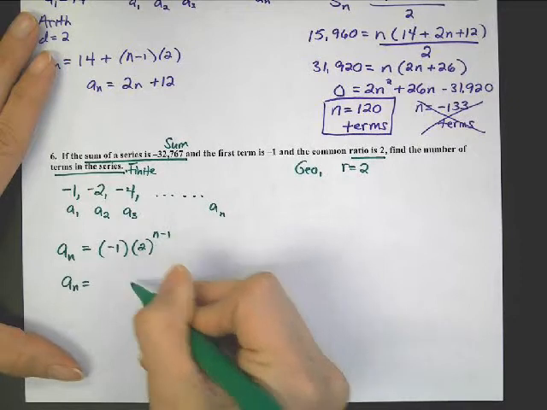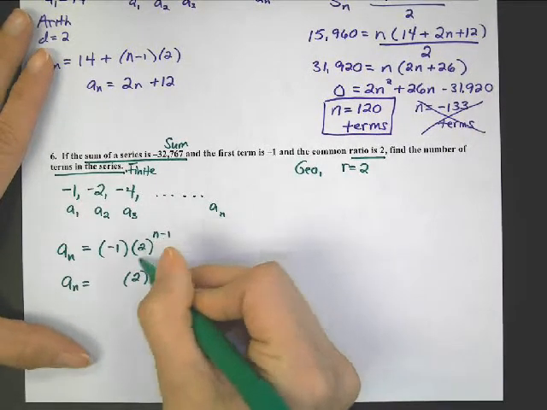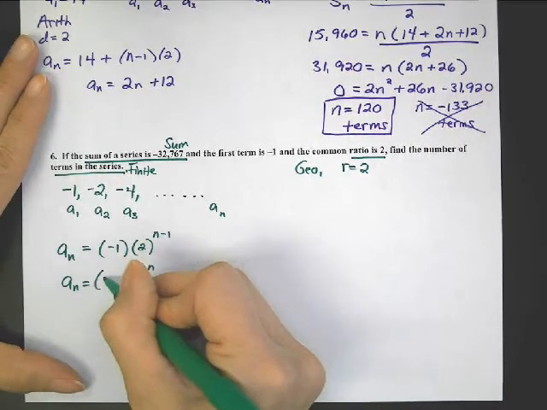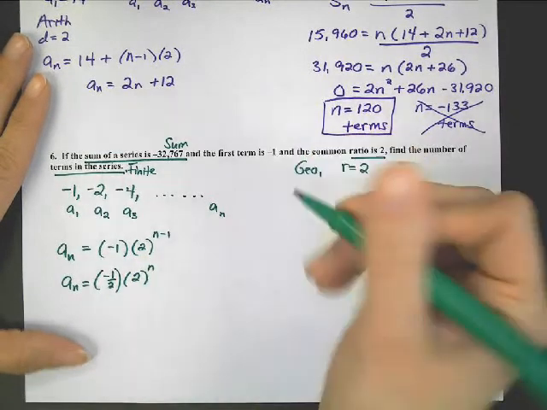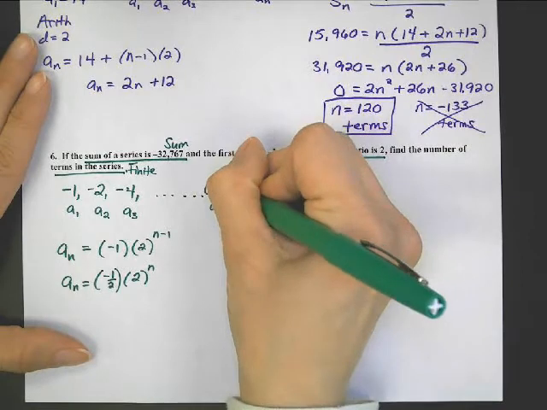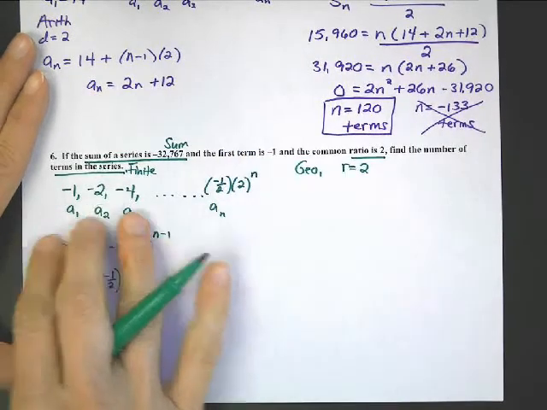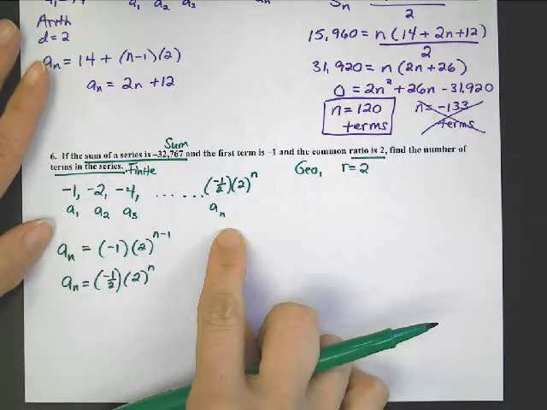Remember, you have to split and flip, so 2 gets the n power, and then it gets the negative 1 power, which makes a half, and a half times negative 1 is negative 1/2. Okay, splitting and flipping. You guys did great on the quiz with that. Negative 1/2 times 2 to the n. Okay, I see all the terms from a1 all the way up to a sub n.